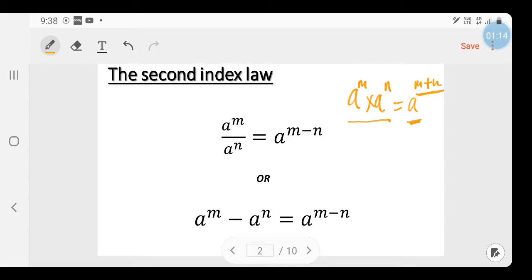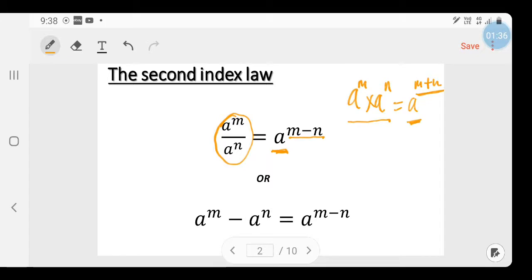Now when you are dividing same bases, this is now the second index law, when you're dividing same bases with different indices, it is equal to that base raised to the power of the difference between those two indices.